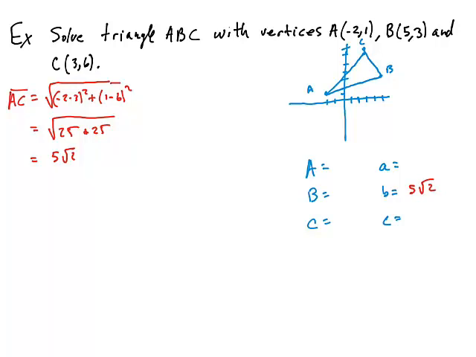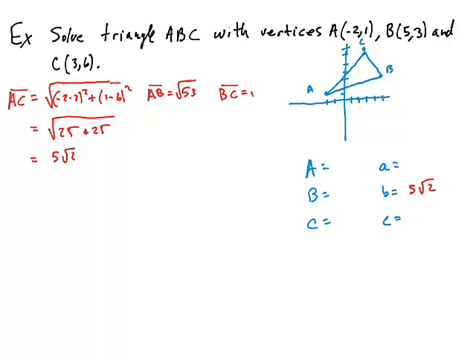We can proceed in the exact same way to find the distance between A and B and the distance between B and C. Just for the sake of room, I'm going to calculate these for you. If you want to pause it now to check on your own or try on your own first, I encourage that. So AB, we get square root 53.